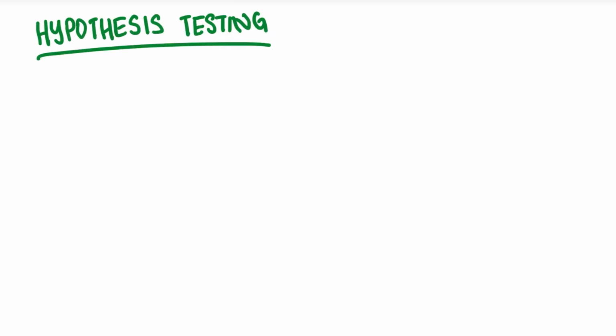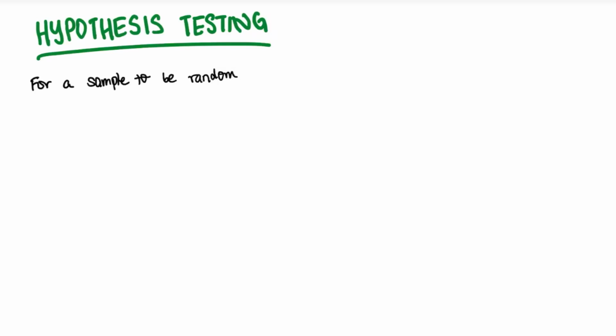So let's just start off with the basics. What does it mean for a sample to be random? All of this should already be covered in your binomial and normal distribution, but I'll go through again.